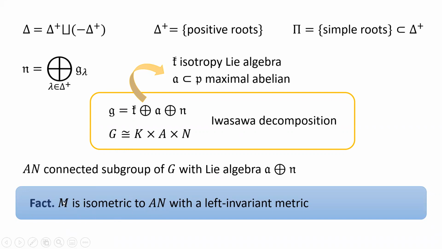And if you pull back the symmetric metric on M to this Lie group, it turns out to be a left invariant metric. So this means at the end of the day that any symmetric space of non-compact type is isometric to a particular solvable Lie group with a left invariant metric. This can be helpful to construct examples of submanifolds by constructing examples of subgroups, and this is a purely algebraic problem. So this helps a lot in this setting.